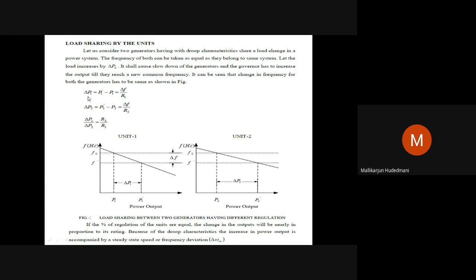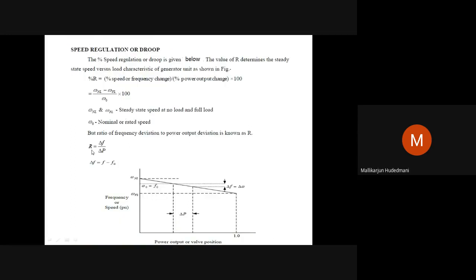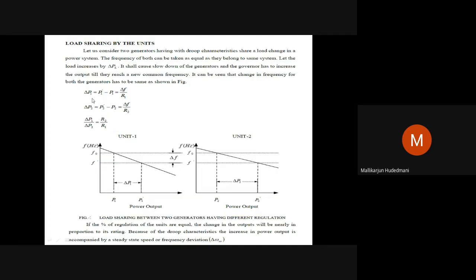So this change in power is delta F by R1. Let me go back and tell you what the droop characteristic is. The droop characteristic of a certain generator is delta F by delta P of that machine. Using this, if droop is known, what is the delta P required? I can calculate delta P equal to delta F divided by R. That's what I am doing here.